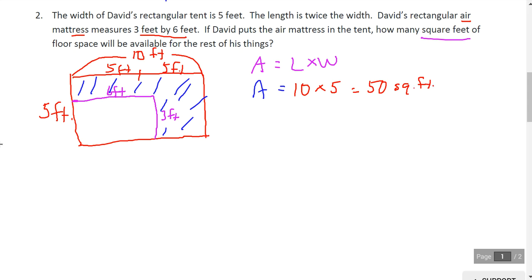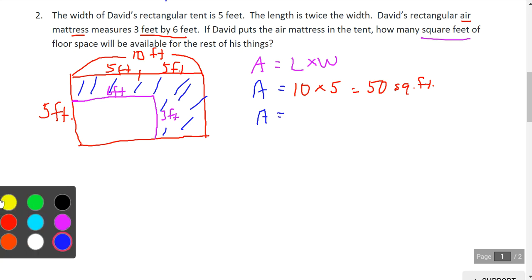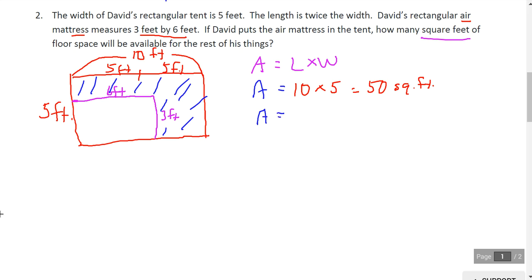And then the area of his air mattress is going to be 6 times 3. That equals 18 square feet. So this right here, in here, is 18 square feet, and the whole thing is 50.